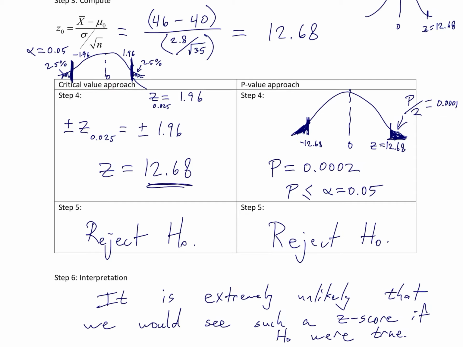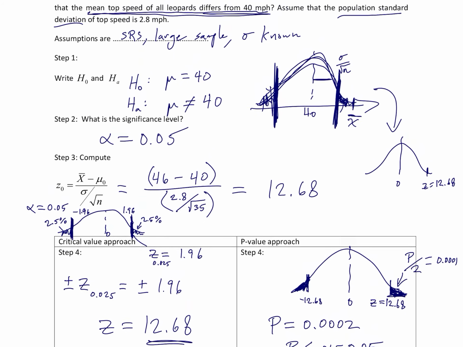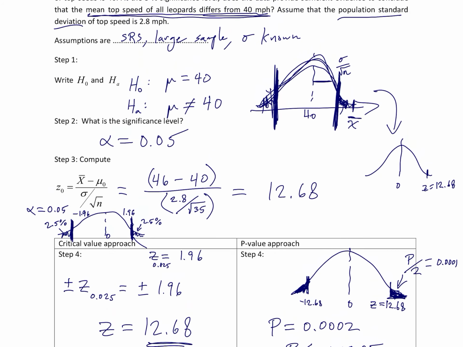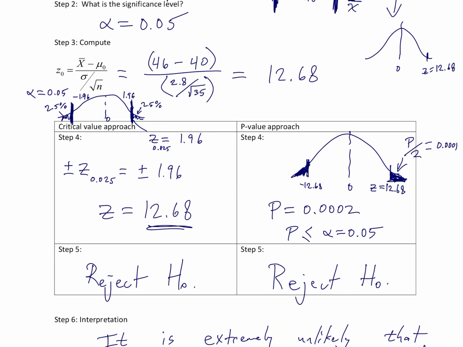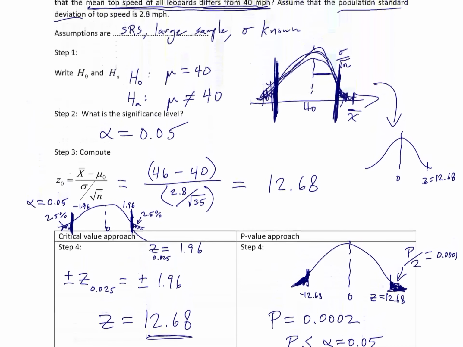So we just took a random sample and we got a z-score of 12.68. That's a z-score relative to that null hypothesis being true. Now, it's extremely unlikely that we would get such an extreme z-score if that null hypothesis were true. Remember that all of these pictures that I'm drawing with these bell curves are assuming that the null hypothesis is true, but what we're getting as our sample mean is something that's way off to the right.